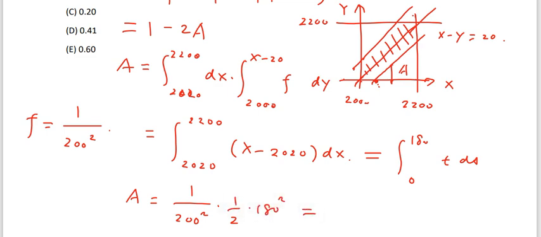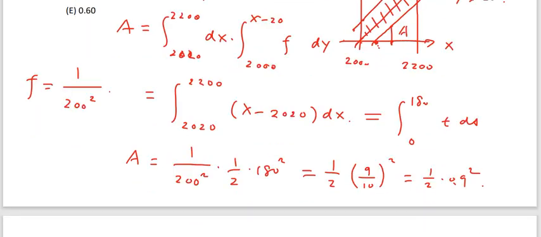So this equals half times (180 over 200) squared, which is 9 over 10, equal half times 0.9 squared. So the final answer is 1 minus 0.9 squared.